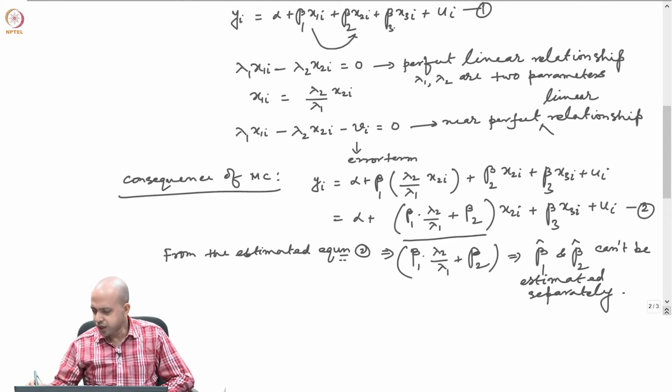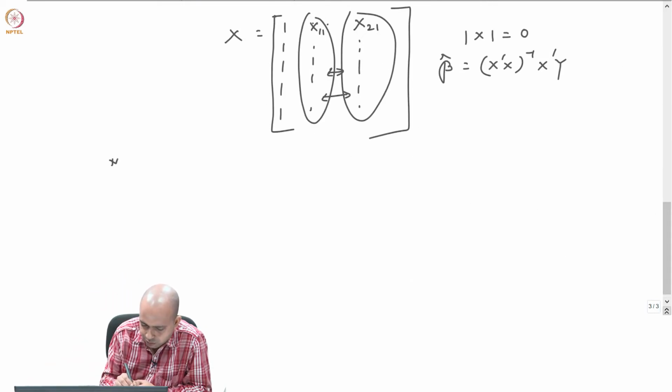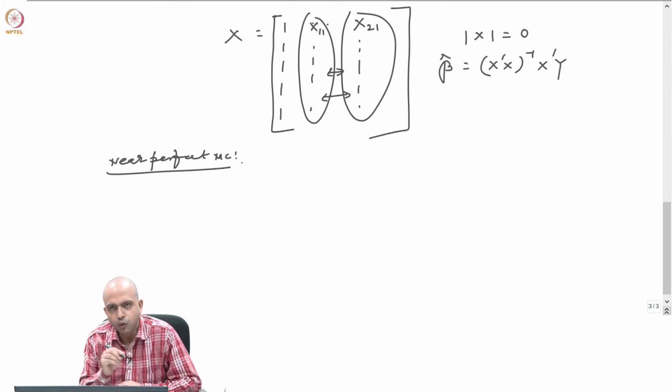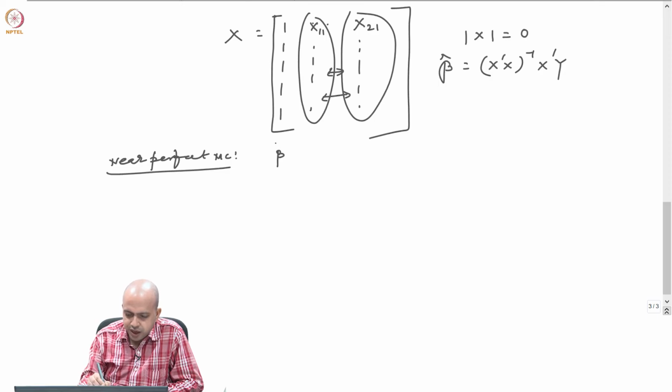Now, let us say we have near perfect MC. What would be the consequence? In your estimates, if you take the expectation of beta hat, it is still beta.